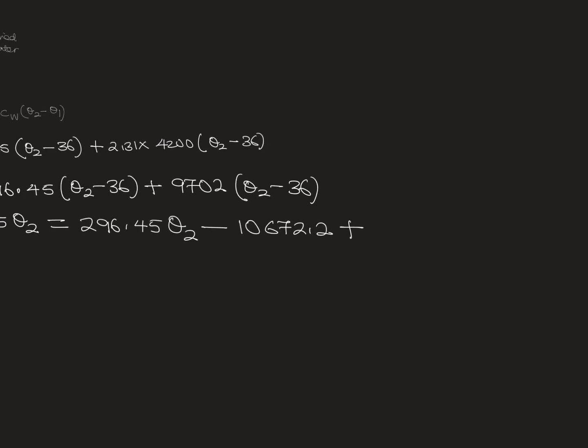Then plus 9,702 times theta 2, which is 9,702 theta 2, minus 9,702 times 36. That is 349,272.